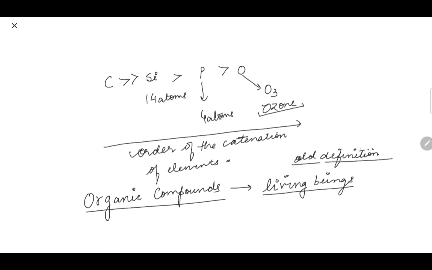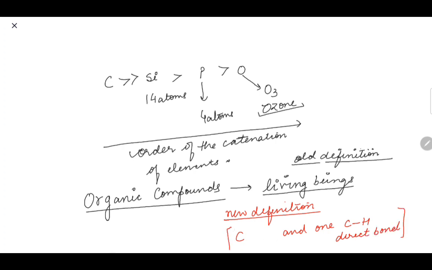All the compounds which have been extracted from living beings are called organic compounds. But the new definition says that all the compounds which contain carbon, necessarily carbon, and one carbon to hydrogen direct bond, only then it would be an organic compound. That's the new definition.